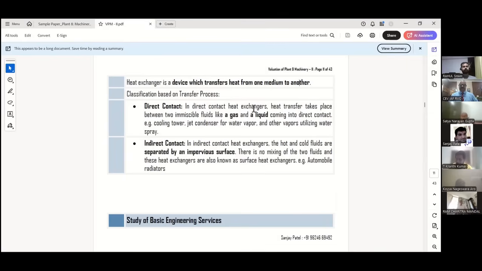Right. Normally, in terms of heat, there are two types of process: exothermic and endothermic. In one process heat is absorbed, in the other process heat is released. So whenever there is heat release, if we want to remove that heat, the heat is removed using a heat exchanger.